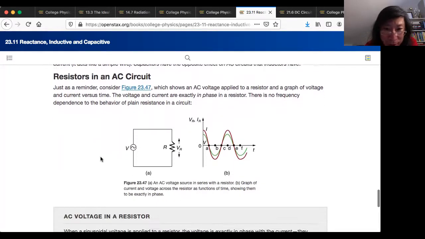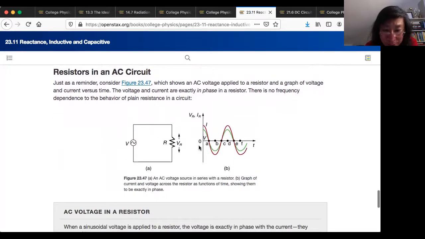And now finally, a resistor in an AC circuit. Look at this, they are in phase. When the voltage goes down and reaches zero, the current also goes down and reaches zero, and then it comes up and comes down. This makes sense because the resistor doesn't store or hang on to charge. It doesn't create a back electromotive force or anything like that.